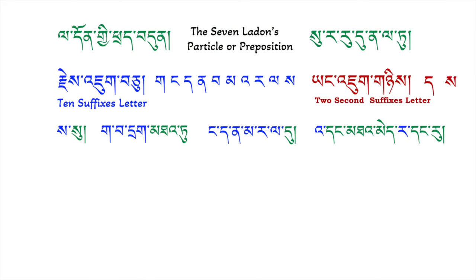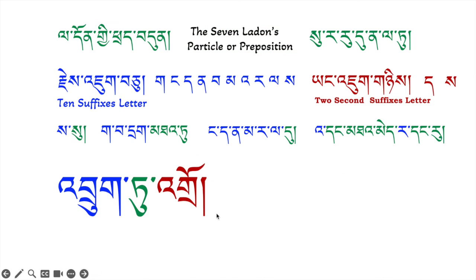So next one, Duk tu do. Duk is Bhutan. Tu is the Ladin particle or preposition, tashabyu tu, and do is go. So now look at here. Why do I have to use this Ladin particle or preposition tu? Because of the suffix ka and pa and takta.